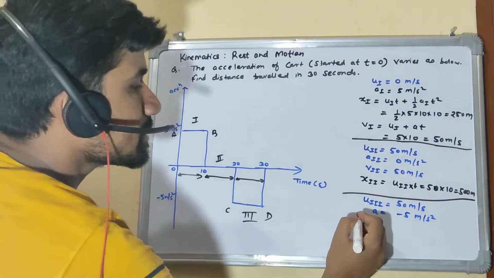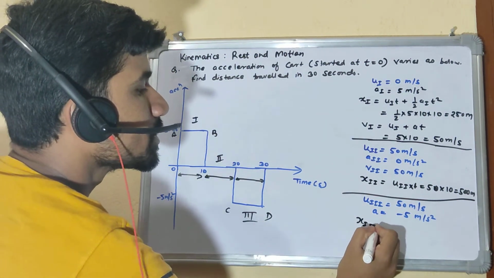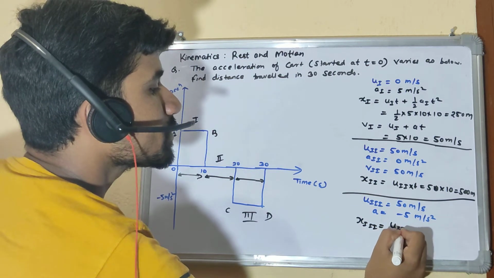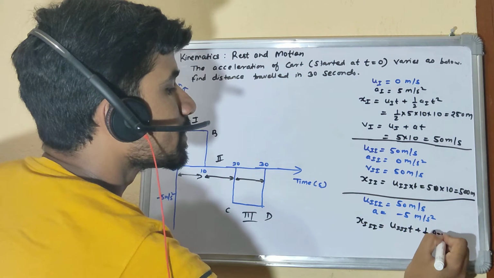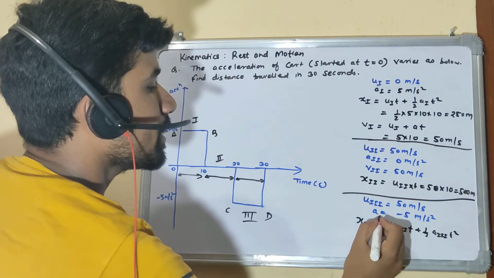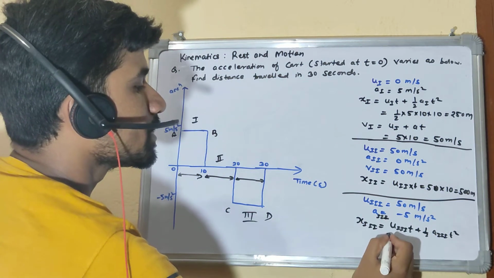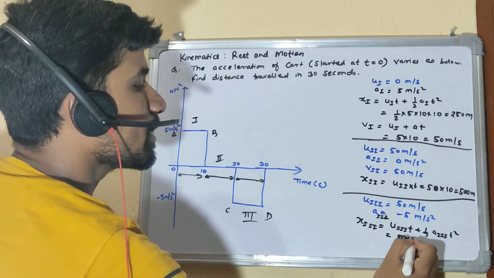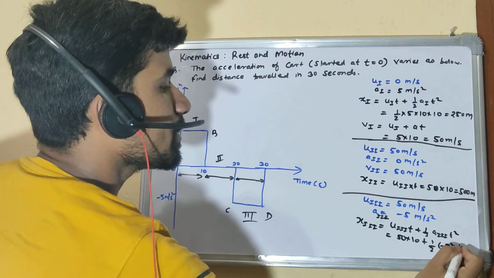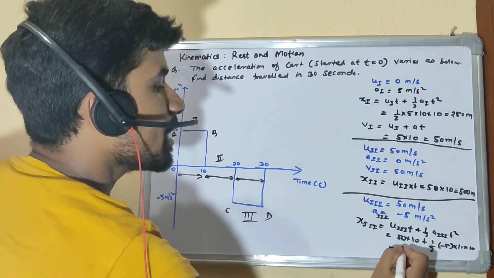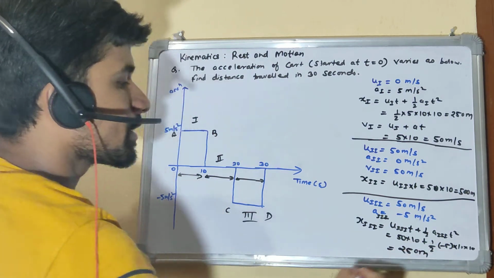The formula is ut plus half a3 t square. So this becomes 50 into 10 plus half into minus 5 into 10 into 10, which again becomes 250 meters.